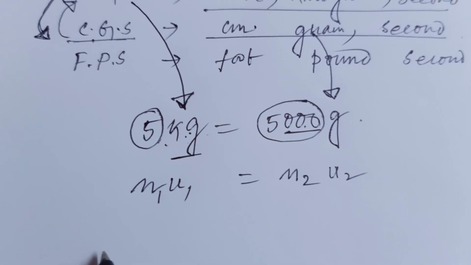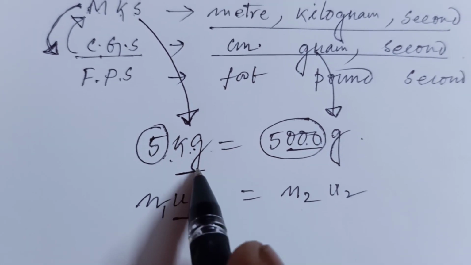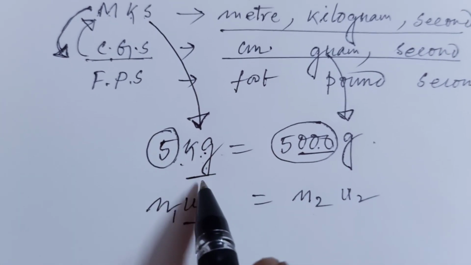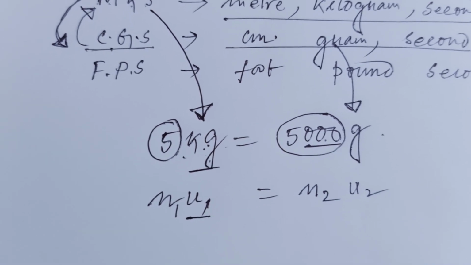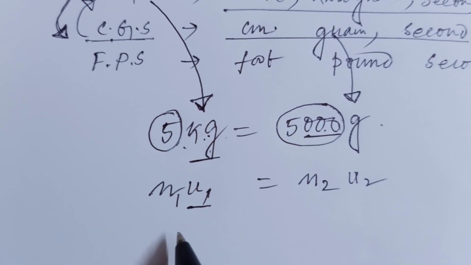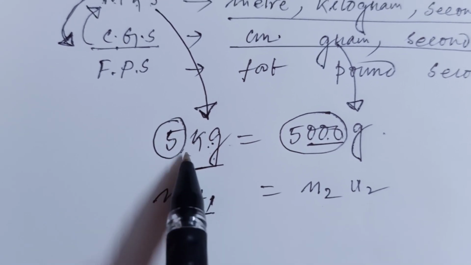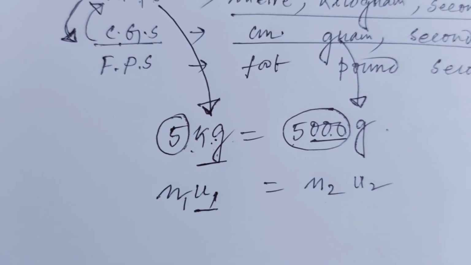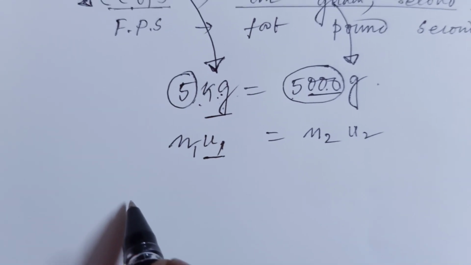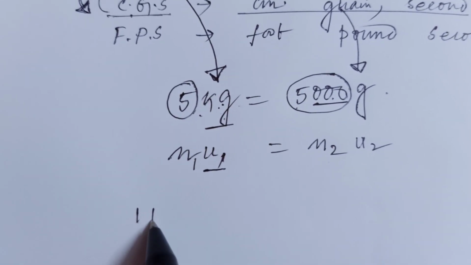Here the physical quantity is mass, but a physical quantity may be a derived quantity. Suppose 1 Newton.